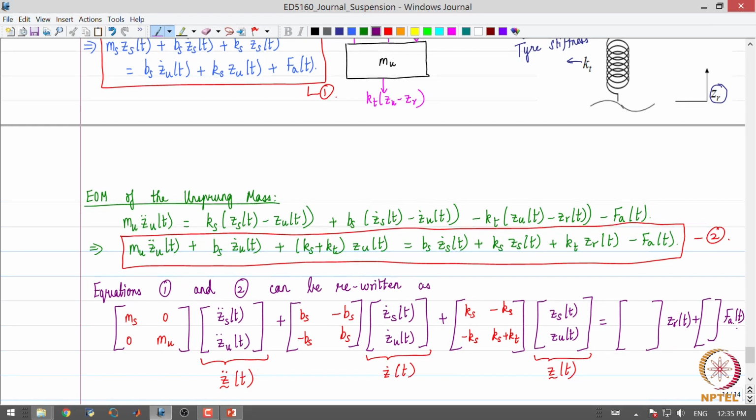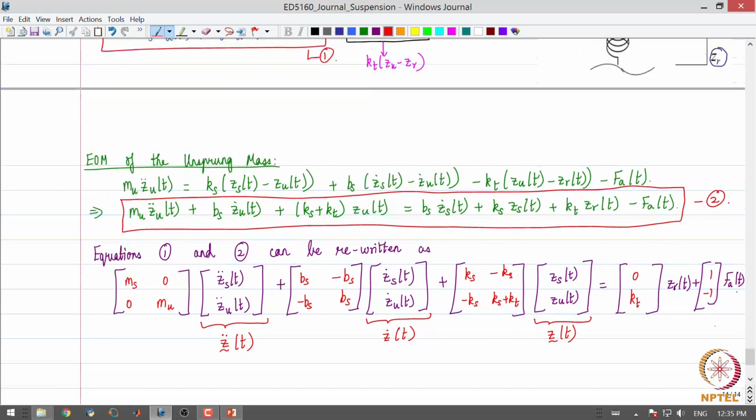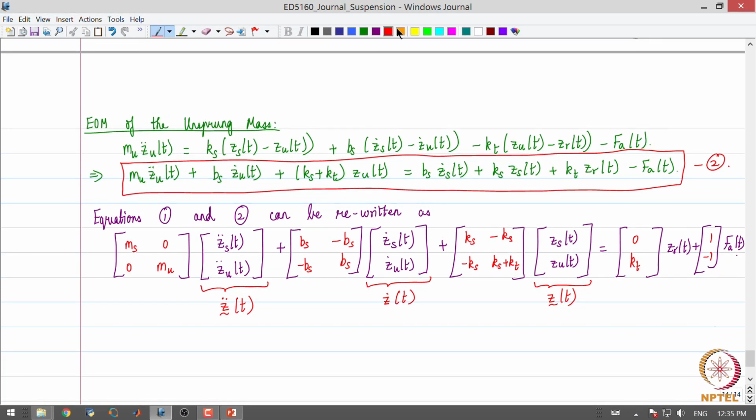So, these are the two inputs which are coming in. So, for zr essentially we will have 0 and kt, from this equation. Here we will have 1 and minus 1. Okay. So, this is the general structure of this equation.